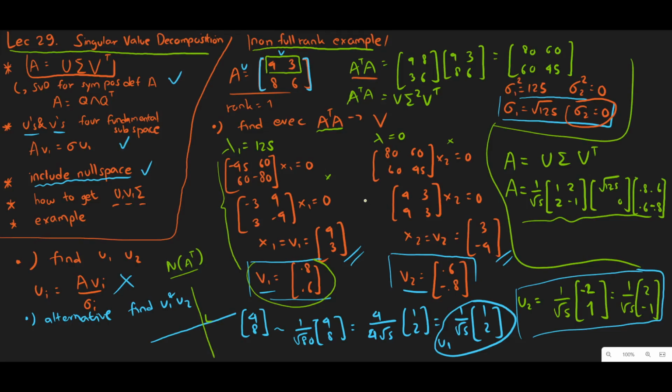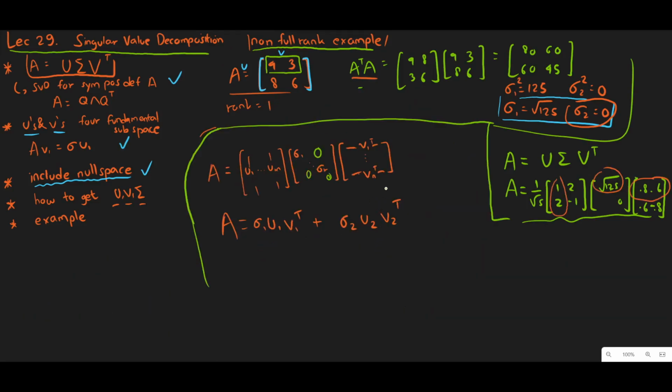Okay, and one more last thing, but let me delete some of this. I want to point out that in the SVD, it's also helpful to look at it in this form. You see that we have this first column times the sigma times the row.